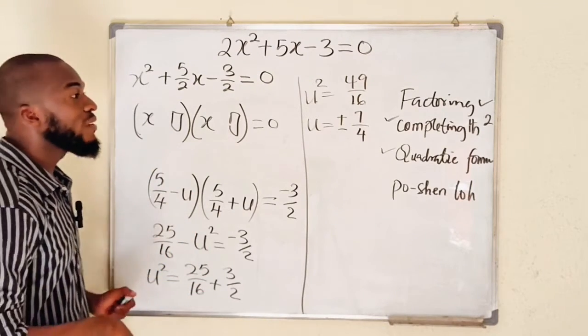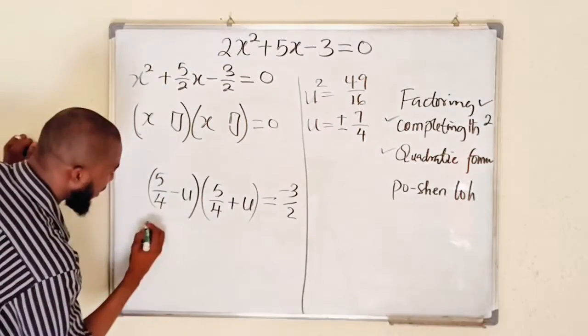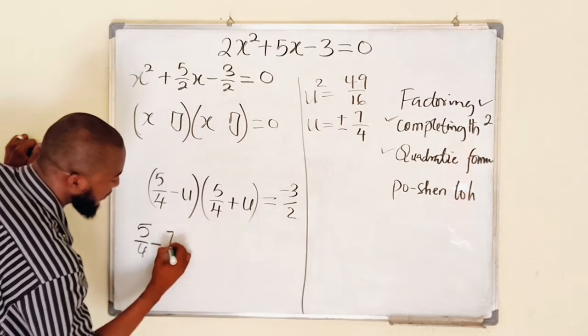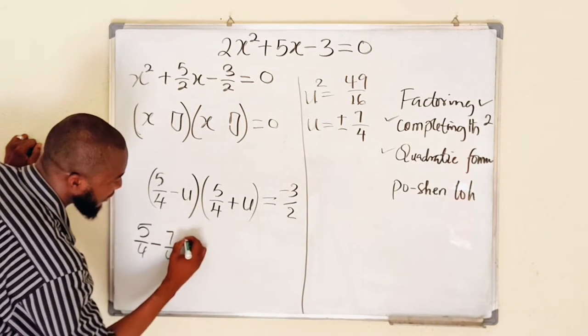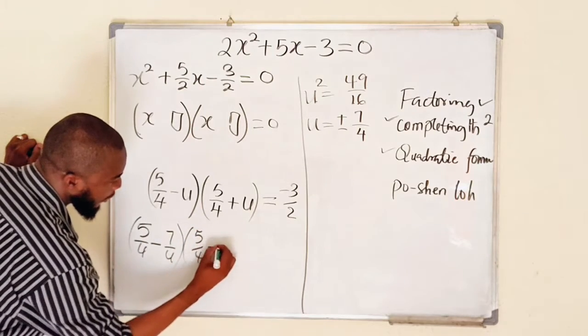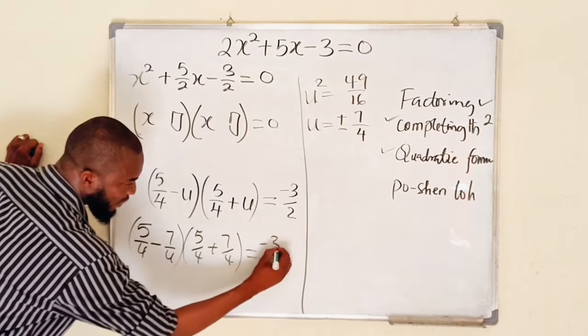So now let us plug in 7 over 4 in here, right? So we have 5 over 4 minus 7 over 4 and 5 over 4 plus 7 over 4. Will this give us negative 3 over 2?